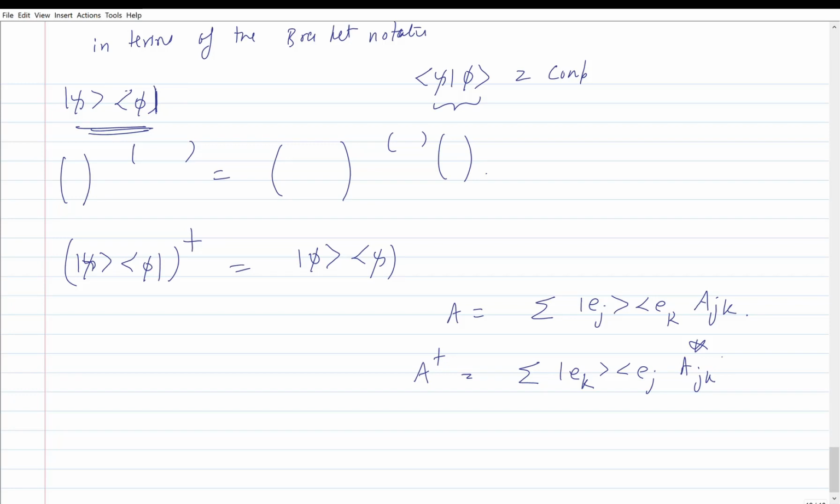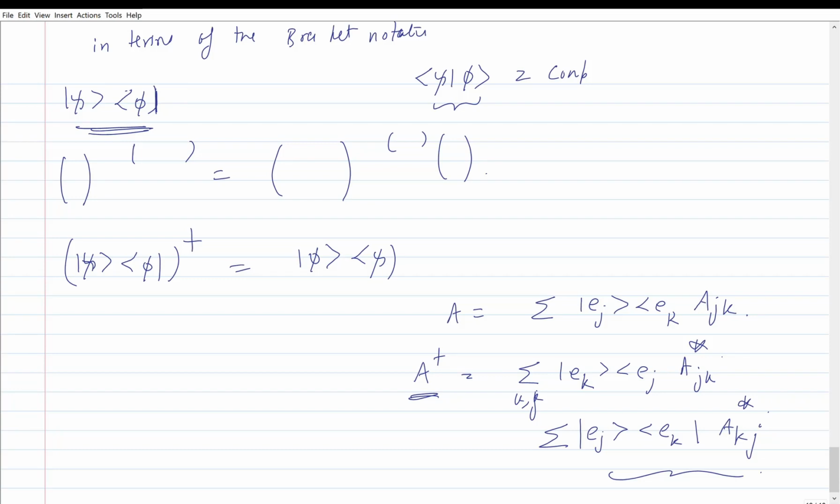So this is exactly equivalent to what we are saying over there. Or in other words, since there is nothing special about k and j, I can change this to e_j, e_k over here, and I just play with the indices, e_k, j. So essentially, it's all equivalent, just the matrix representations of the Hermitian conjugate operator.